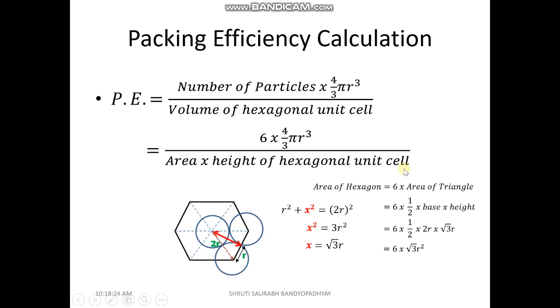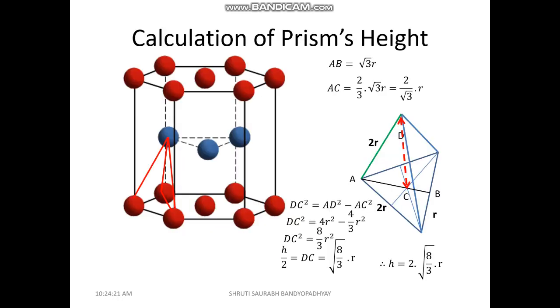This is more challenging. Height of the hexagonal unit cell. So in order to calculate the prism's height, we have to see the whole picture here. This one is the hexagonal prismatic unit cell, and inside which there is a triangle here.